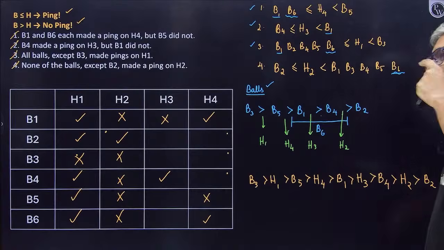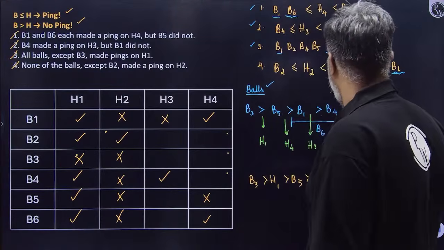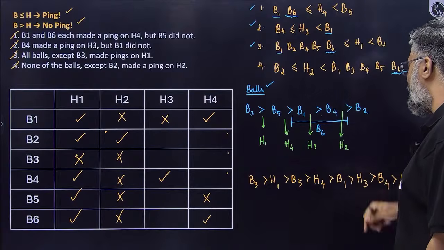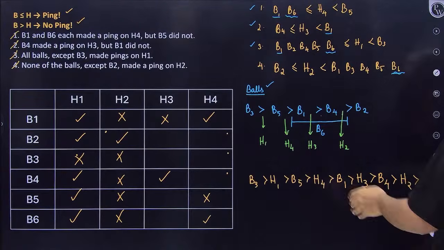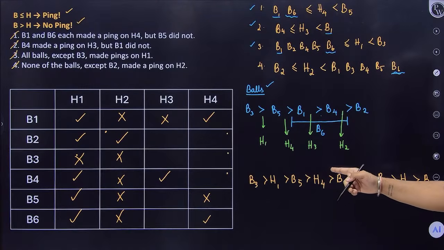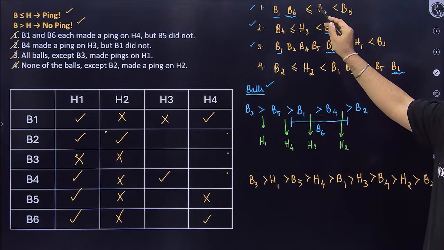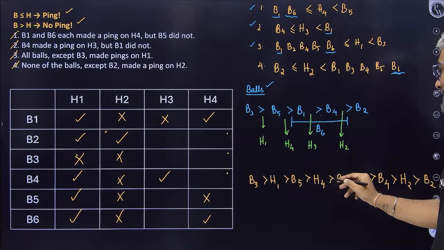We still have that one troublemaker left, which is ball 6. So what did we know about ball 6? Ball 6 can be greater than ball 1. Can it be greater than hoop 4 also? No, it is not, so it is lesser than hoop 4.